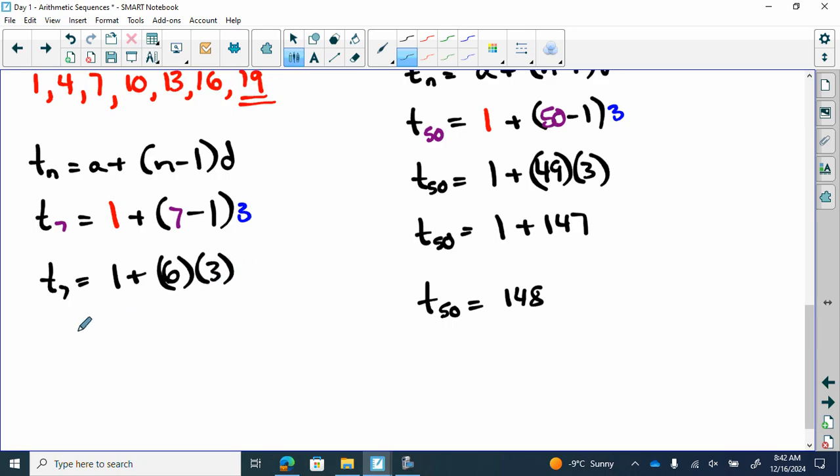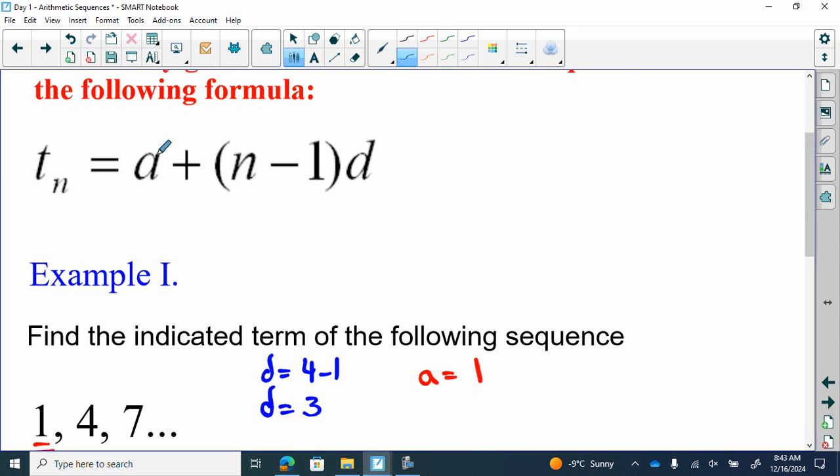Brackets first, then I multiply. 6 times 3. Then I add 1 plus 18. And I get 19. Is the answer different? No. Okay? So this formula is what we're going to use to answer questions about an arithmetic sequence.